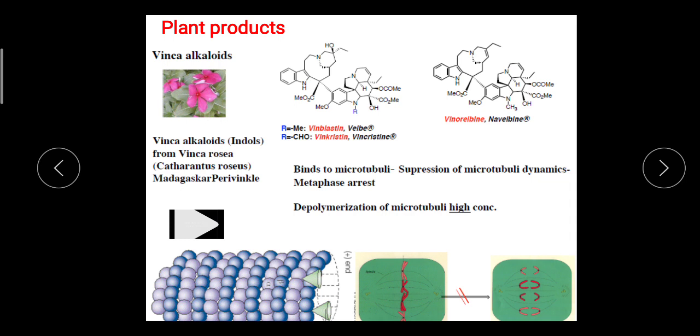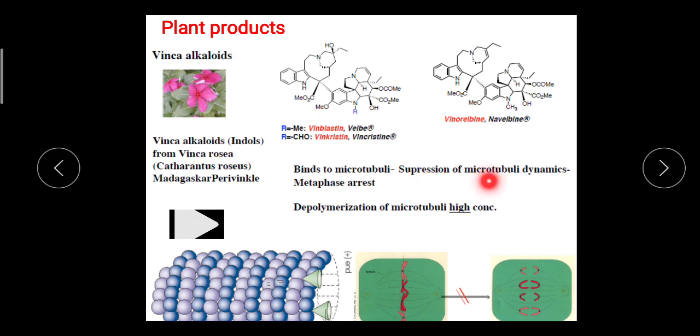The mechanism of action of these Vinca alkaloids, vincristine and vinblastine: Vinca alkaloids bind specifically with the tubulin proteins present in the microtubules of cells. The mitotic spindles are composed of microtubules, and the drugs bind with the tubulin present in these mitotic spindles.